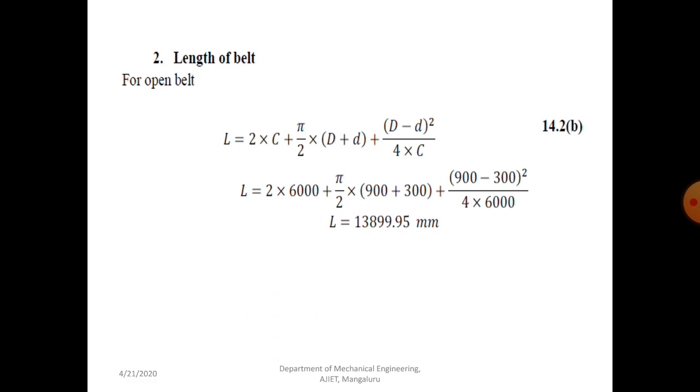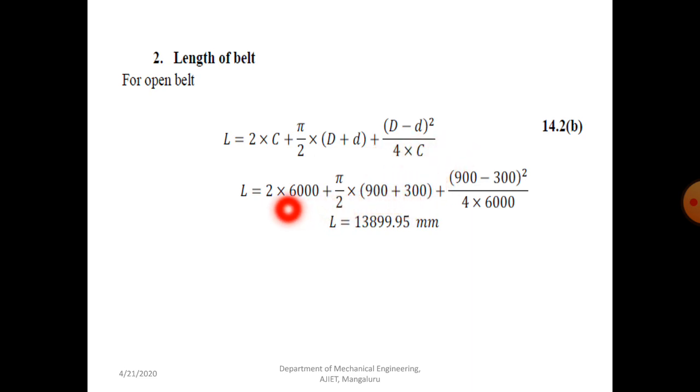Now we have to calculate the length of the belt. So for open belt, the length is given with the help of equation number 14.2b. So length equal to 2c plus pi divided by 2 into (D plus d) plus (D minus d) whole square divided by 4c.